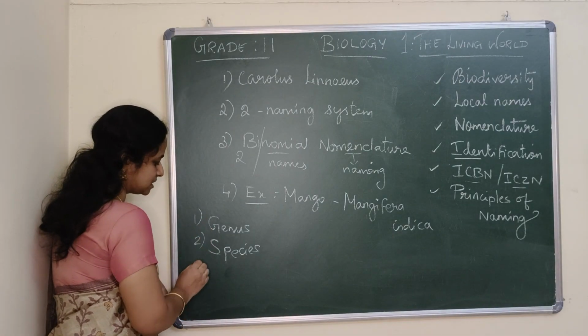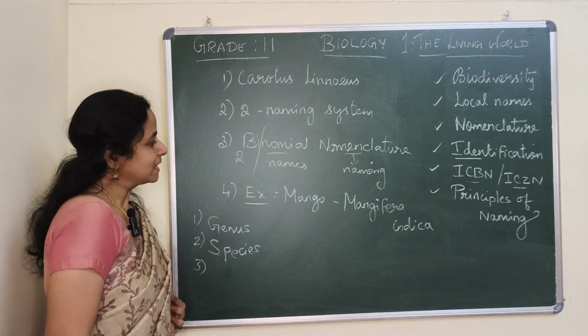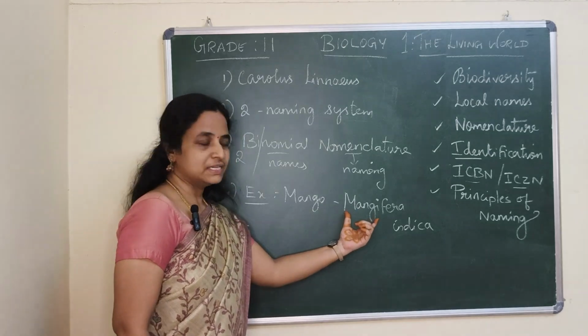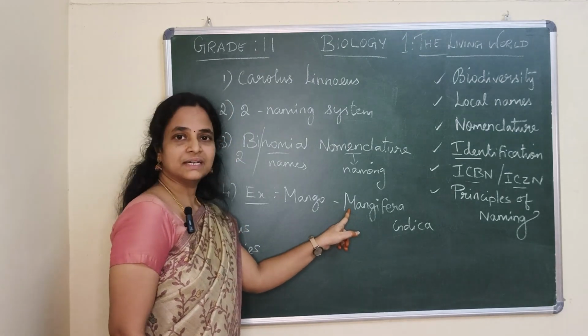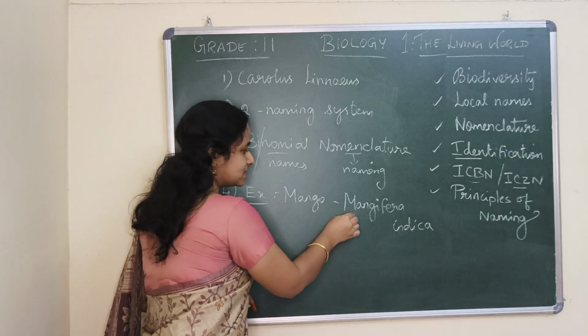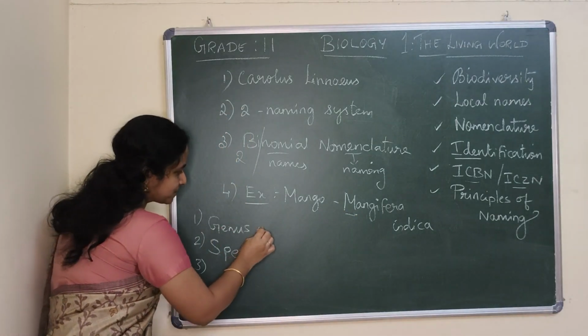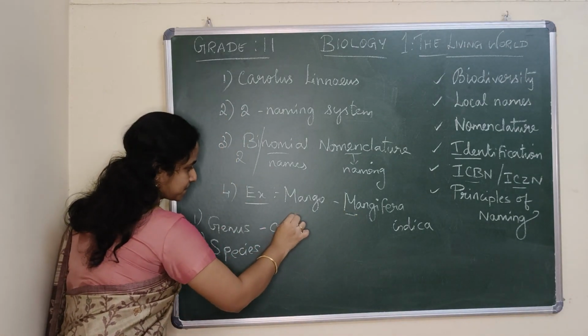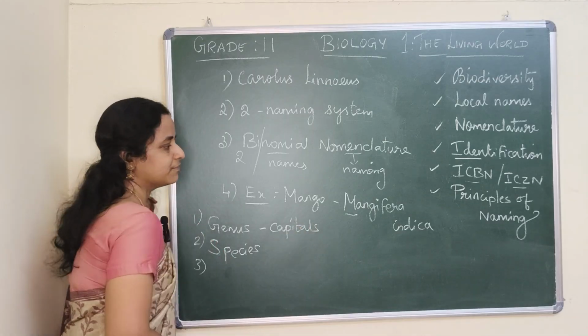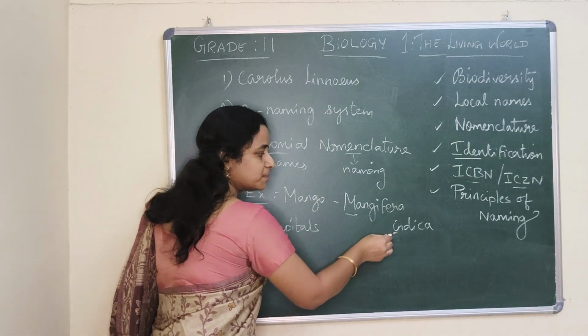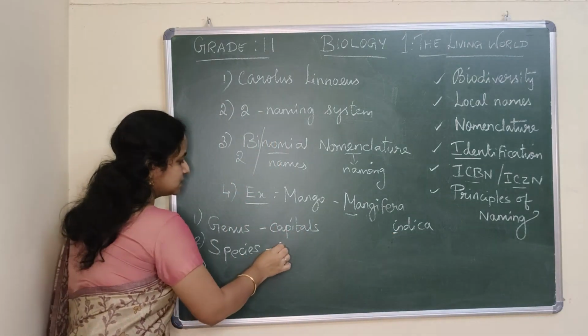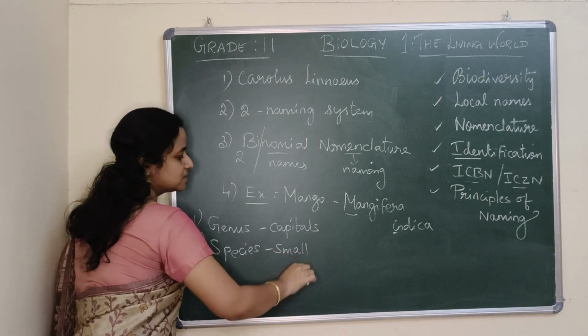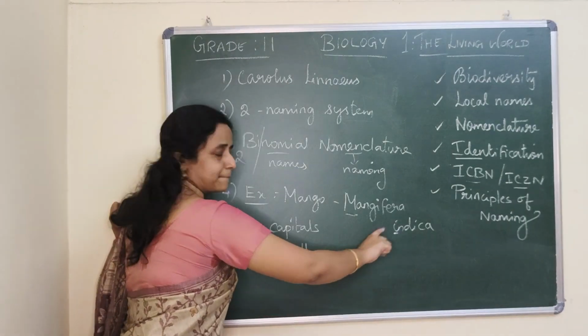So these are the principles that you need to know. Then when you write a genus, it should start with a capital letter. So always the genus should follow capitals. And when you write the species, it should be small. You should not write it in capitals.